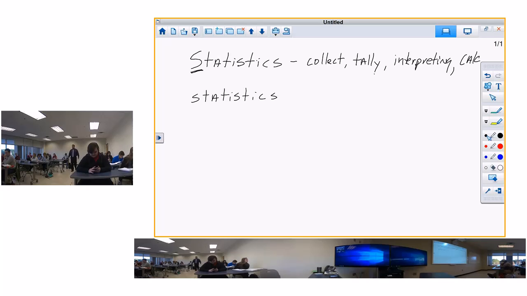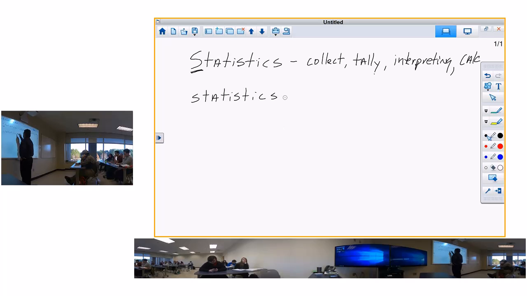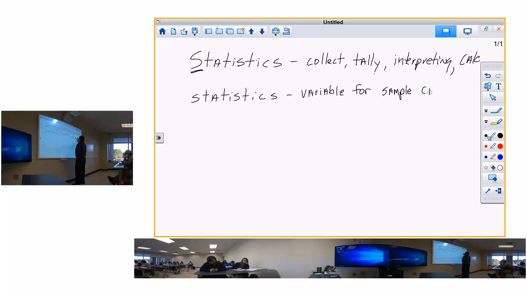So, with that being said, what is little s statistics? I like to call it the variable for sample calculation.